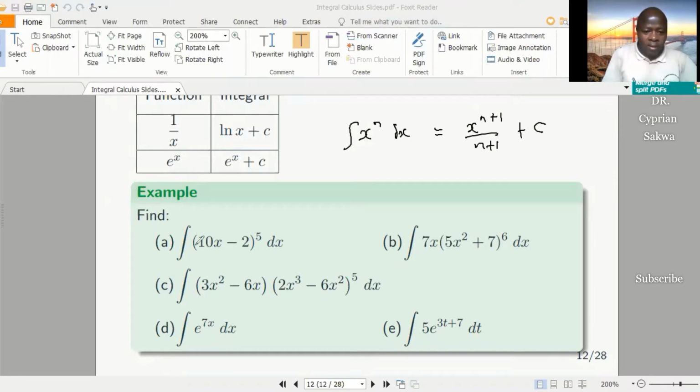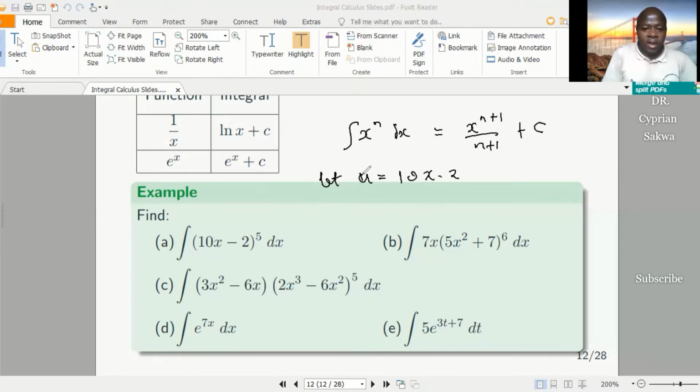But what I have here is something more than that. It's not x, it's a bigger value. So I'll equate whatever is in the bracket to u. Let u be 10x minus 2.